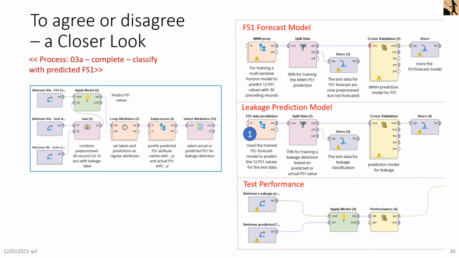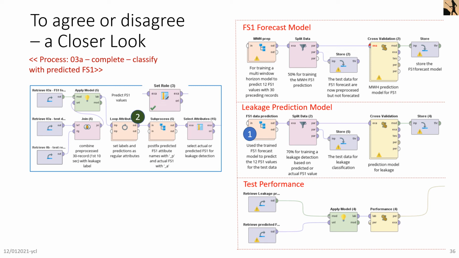So we also prepare attributes and name them with postfix underscore a as actual values, right? And then at the end, we will do the select attributes, as we go with any specific configuration, to pick up the corresponding attributes to test performance.